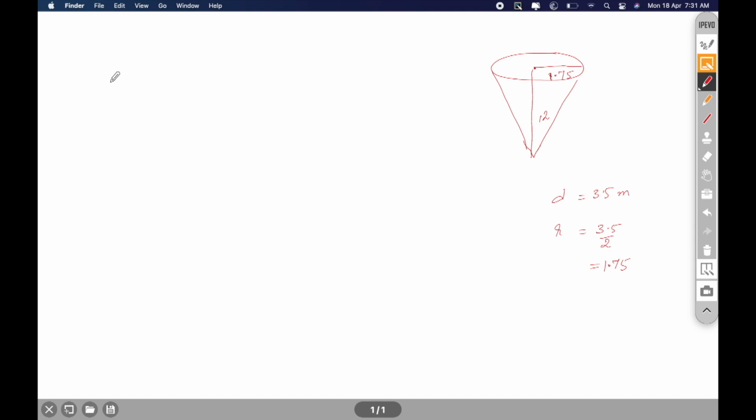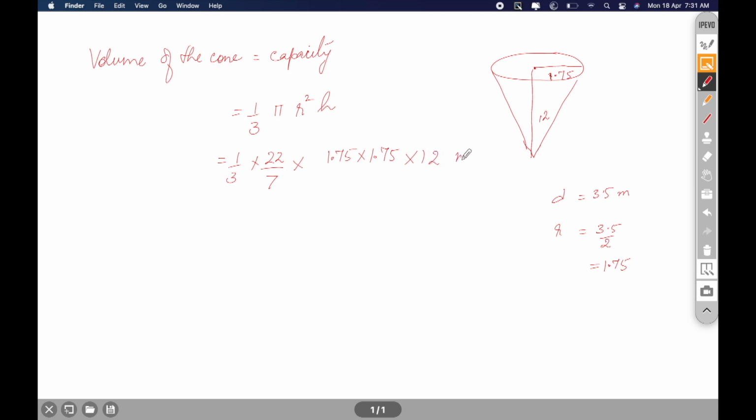So capacity means volume. So volume of the conical pit is the volume of a cone, which is also the capacity, and the formula is 1 by 3 pi r square h. Let us substitute all the values and simplify. So here 1.75 square and height is 12. Everything is in meters, so unit is meter cube.